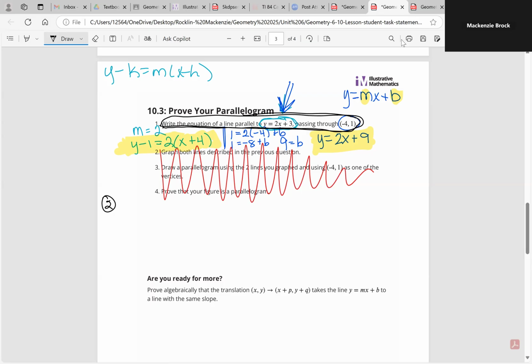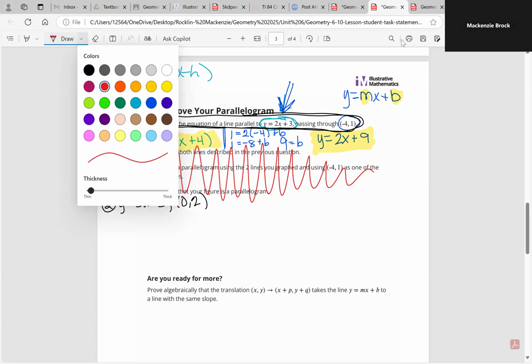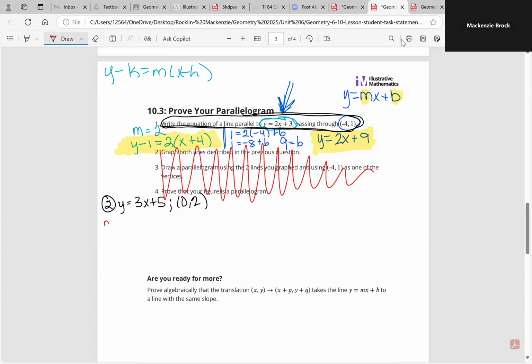So it's parallel to y equals 3x plus 5, and it passes through the point 0, 2.